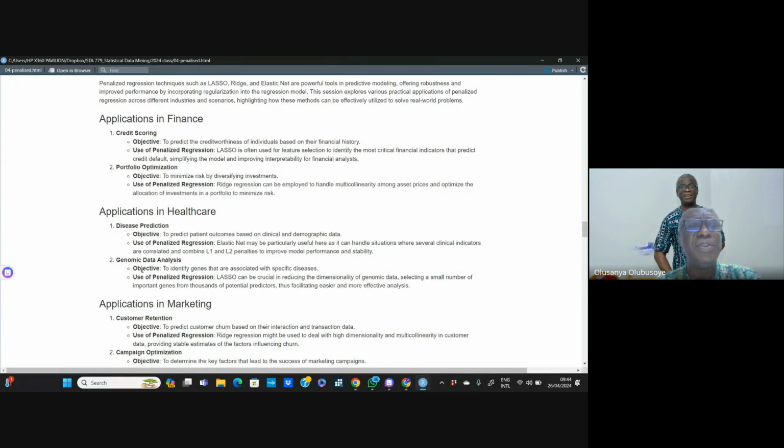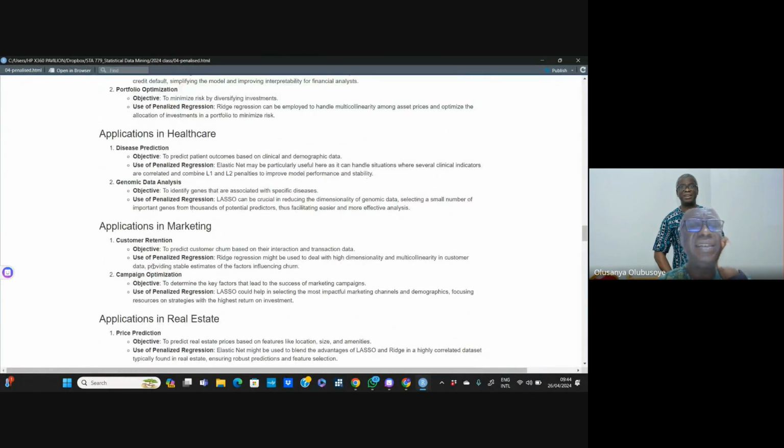It can also be used in genomic data analysis, where you study genes. In fact, the development of penalized regression is traced to genomic data analysis. In marketing, you can apply it to customer retention and campaign optimization.